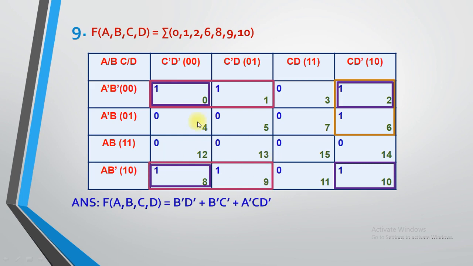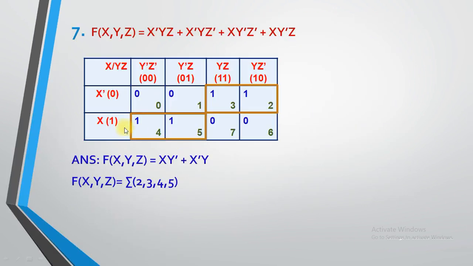So you can create a group in this way also. This is a valid group formation, right? And the third group is 0, 2, 8, 10, because it is a corner coordinate. The same example we have seen in the 3 input variable case over here. This one.